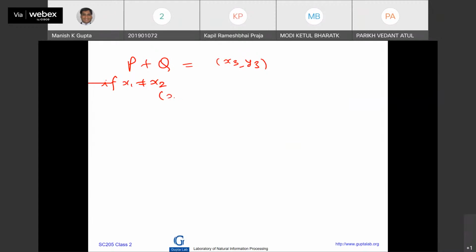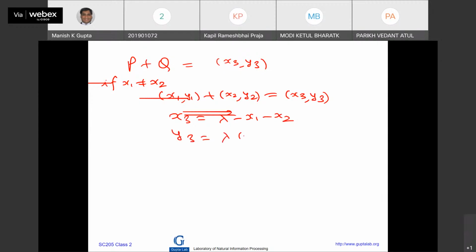So basically, we have x1 comma y1 plus x2 comma y2 is equal to x3 comma y3, a point on the curve, such that x3 is equal to lambda square minus x1 minus x2, y3 is equal to lambda times x1 minus x3 minus y1, and lambda is equal to y2 minus y1 divided by x2 minus x1. So this is how we found the point on the curve. Got it?